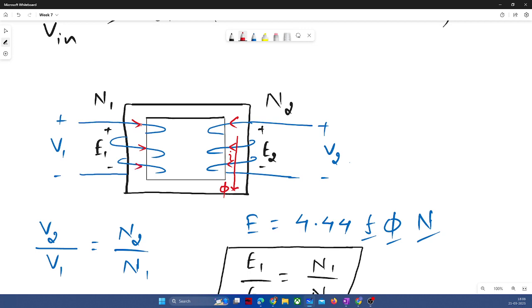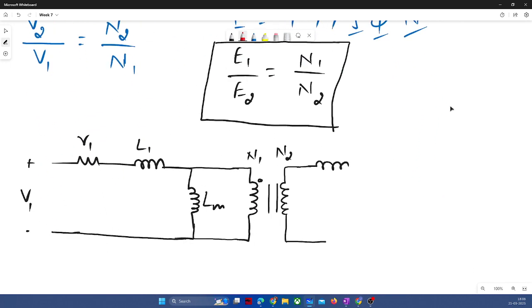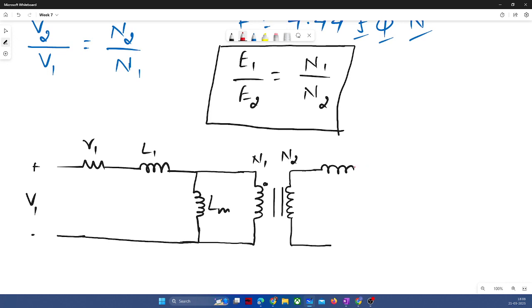If you curl your fingers in the direction of current, you will be able to visualize the direction of flux in such direction. So that winding will have inductance as well as resistance.